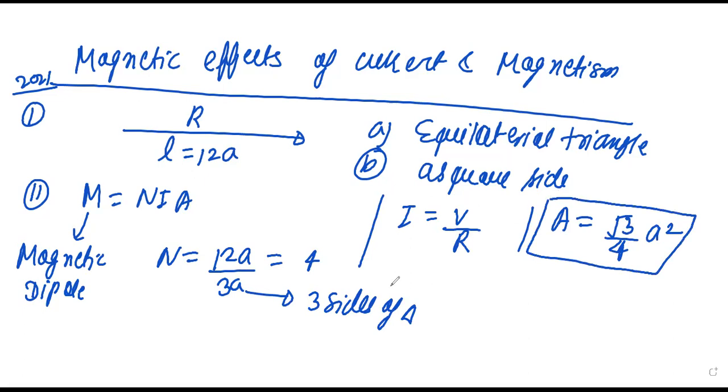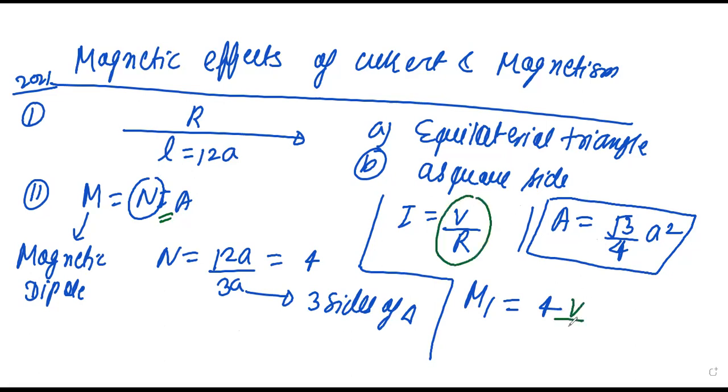Then your magnetic dipole moment M1 will come out to be, so the number of turns we know is 4, so put 4 here. The I value we know is V by R, so put this value. And we know the area is root 3 upon 4 A square.